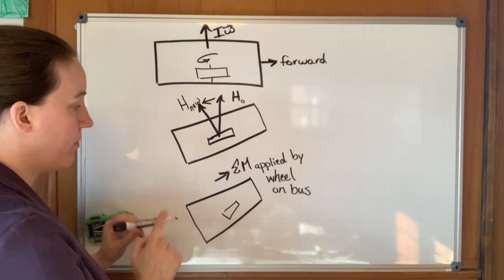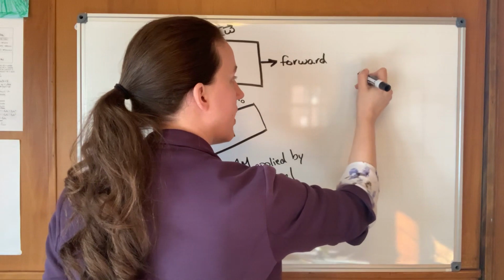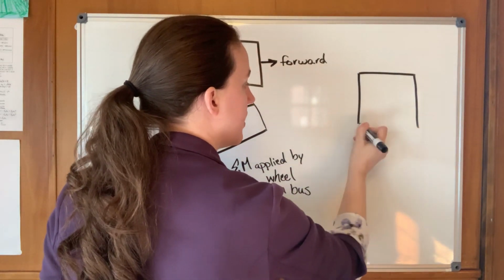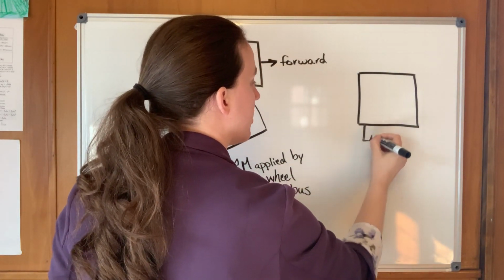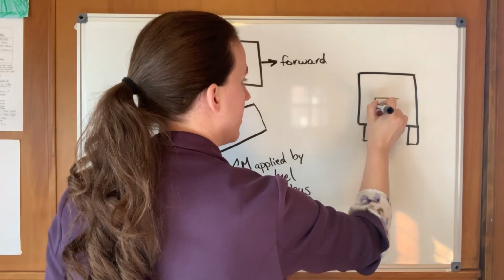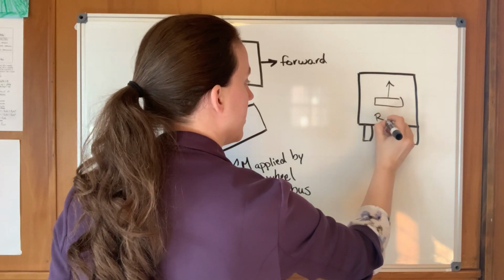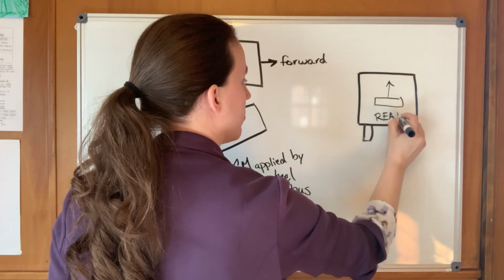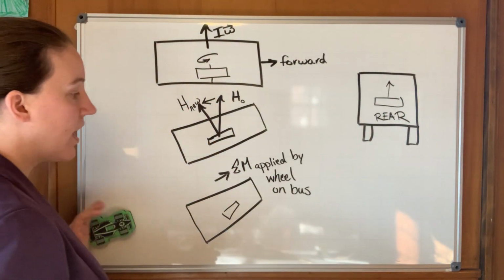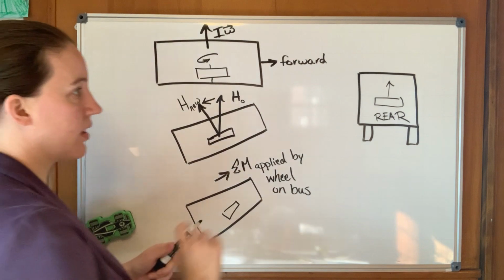And we can draw then our bus kind of like this. Now we're kind of looking at the tires from the back, right? And so here's the flywheel at the center, and this is the rear of the bus. And so the moment is going to be pointing then into the board like this.